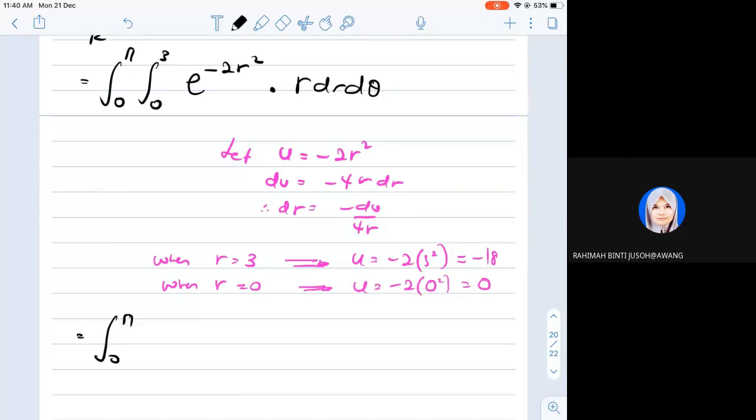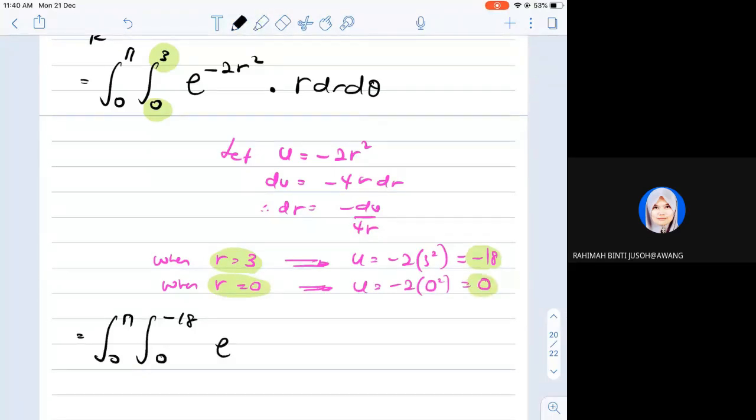We just integrate with respect to r. So we just change the limit. Okay, guys, listen here carefully. When r equals to 3, we have limit of negative 18. So we should put negative 18 at the position of 3. And then when r equals to 0, we have u equals to 0. So we have 0 here.